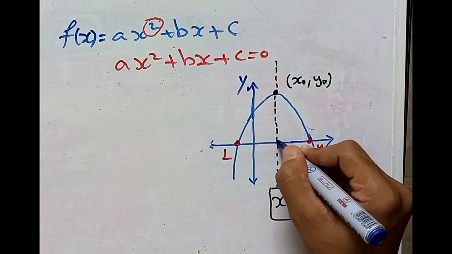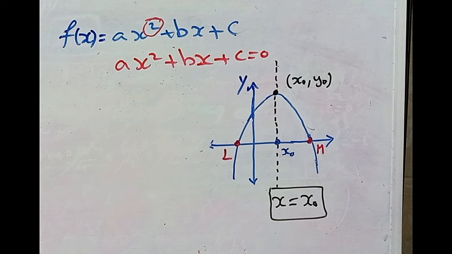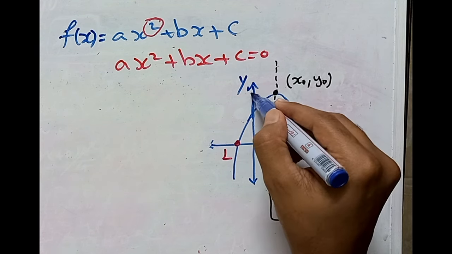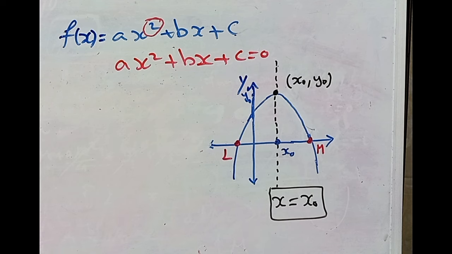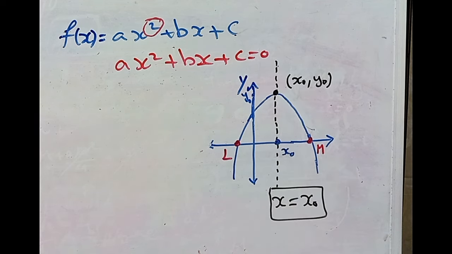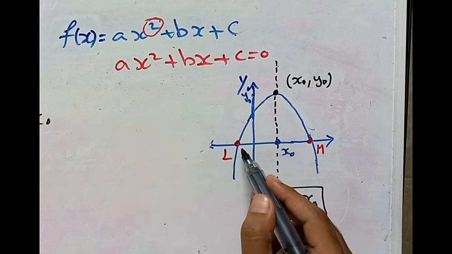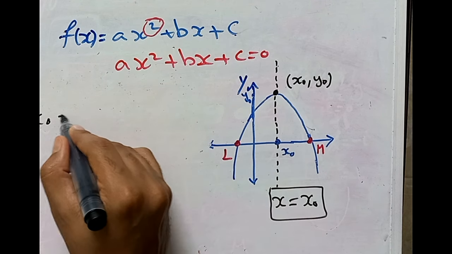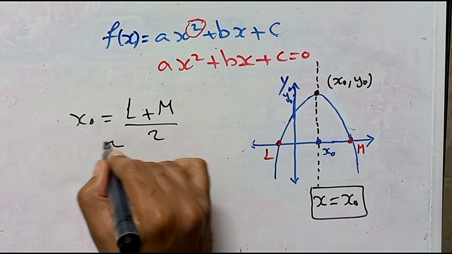Also here you have x node, which is the x coordinate of the vertex, and here you have y node, which is the y coordinate of the vertex. Since x equal x node is the symmetric axis, then x node equals the mean of the two roots. So x node equals L plus m over 2.